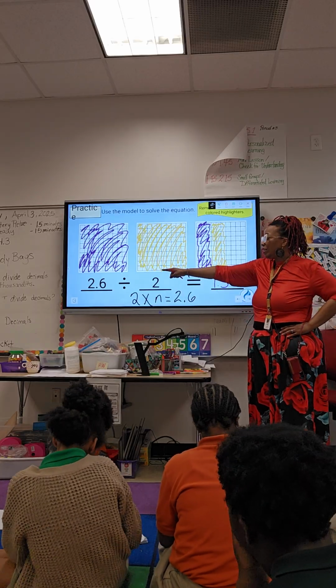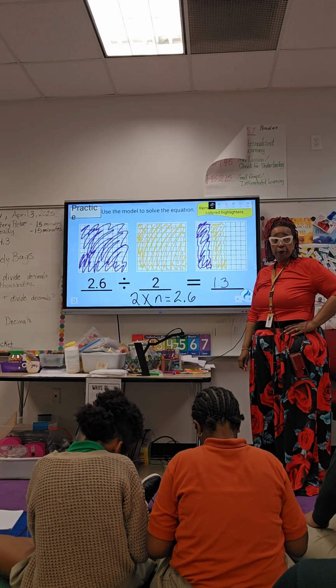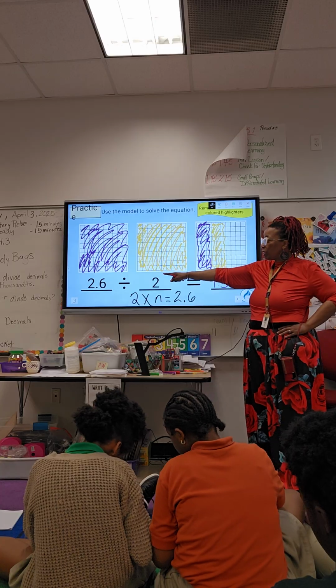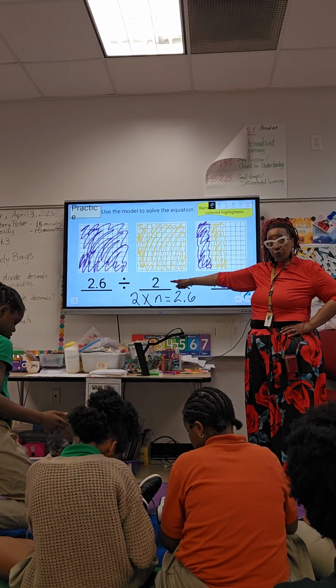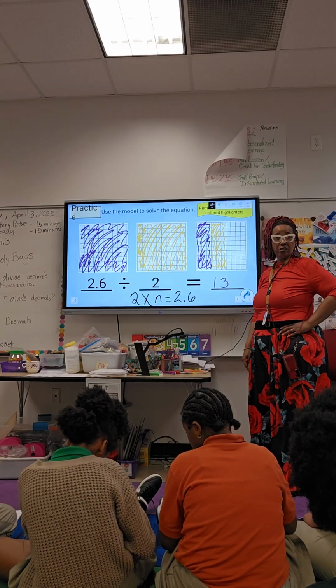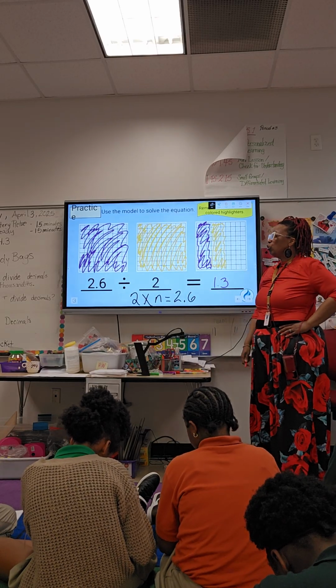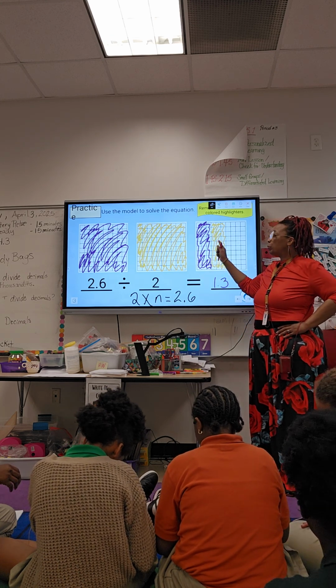This is dividing a decimal by a whole number. You gotta make sense of the question. If I've got 2 6/10, and I've divided into 2 groups, it can't be 13. The picture shows you it can't be 13. It could be a whole and 3/10.